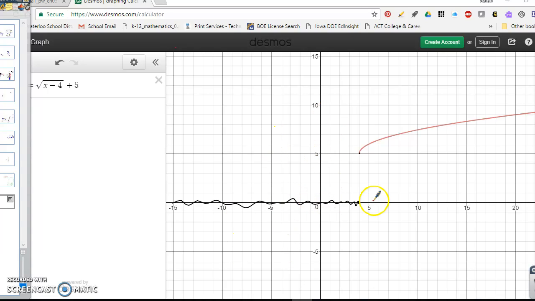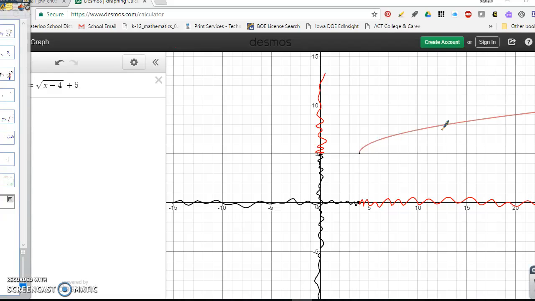However, from here on over, there is a graph that goes with it on the x-axis. And very similarly, on the y-axis, from 5 and down, there's also no graph down there. There's only a graph from here up. So my graph is there.